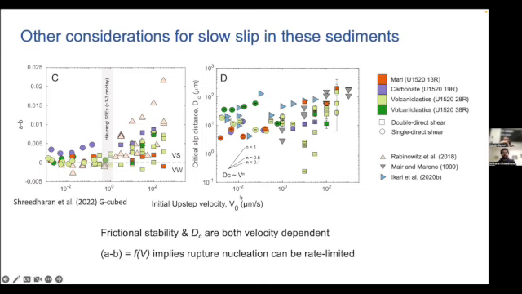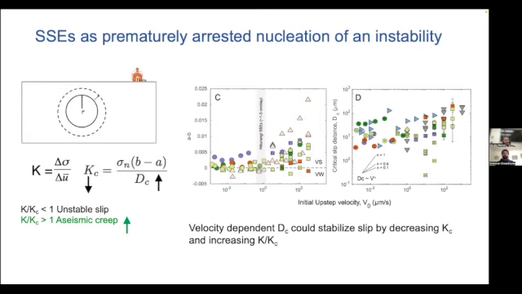And what I want to point to is simply that both A minus B and D sub C increase with velocity. And what this means is that the nucleation of an instability in this region is potentially rate limited. And so we can think of the slow slip events, you can recast them as prematurely arrested nucleation of an instability.